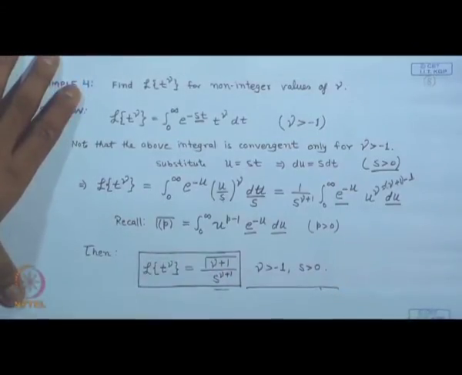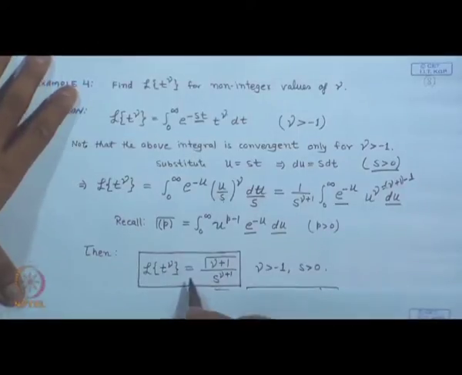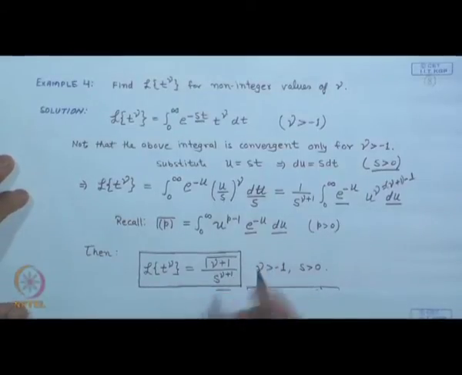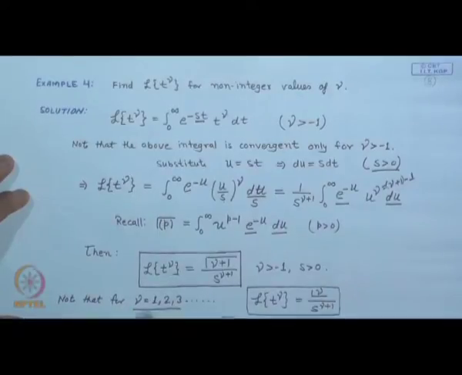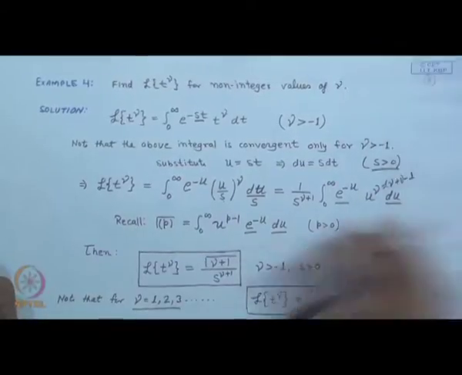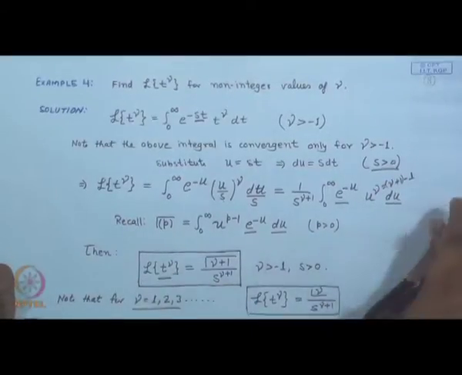So, we got a rather general result, Laplace of t power nu is equal to gamma nu plus 1 over s nu plus 1, and in fact one can see that if you just take these nu to be integers 1, 2, 3 and so on, then this exactly reduces to what we got earlier. So, the Laplace of t power nu is factorial nu over s power nu plus 1. So, this is the rather general formula for getting the Laplace transform of t power nu.